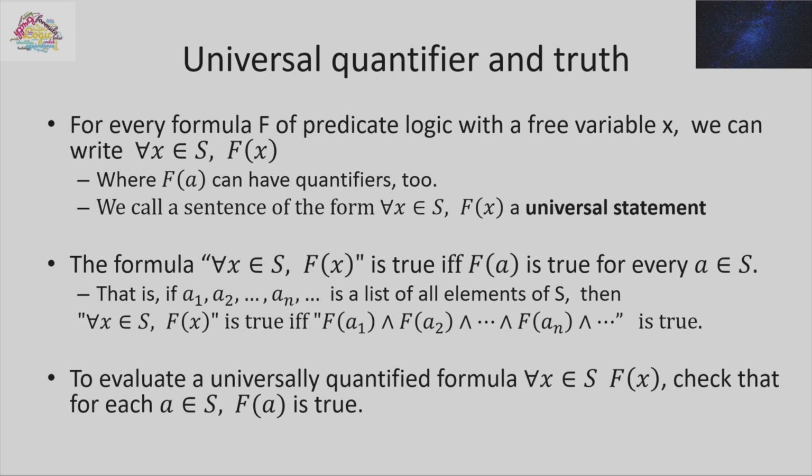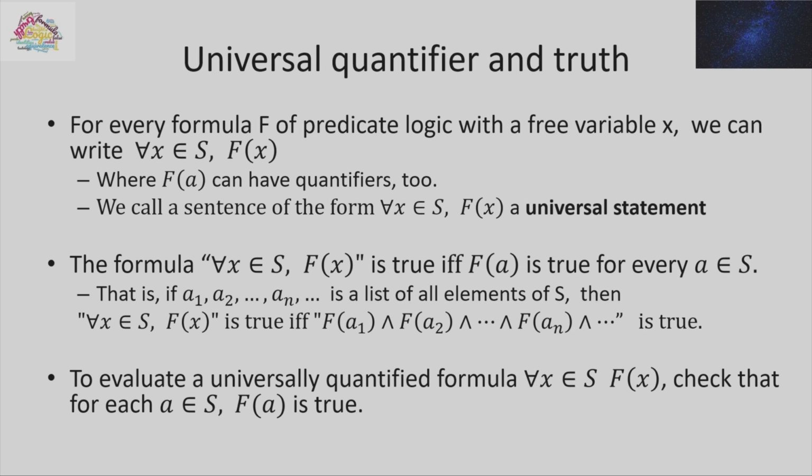So x is free, but maybe f starts with for all y, like we just had in the last example. And oftentimes, if something is of this form and there are no more free variables, we will call it a universal statement. Universal because it starts with a universal quantifier.